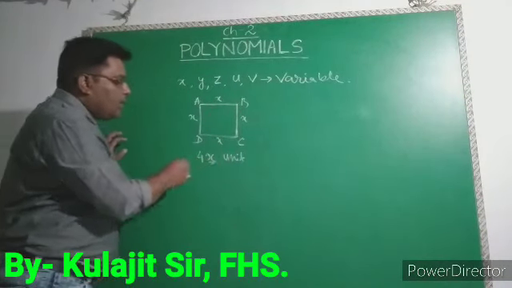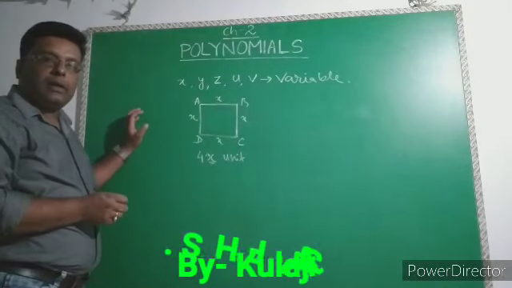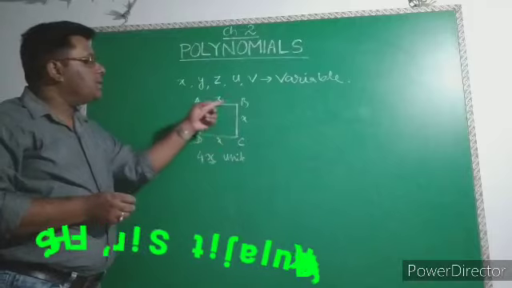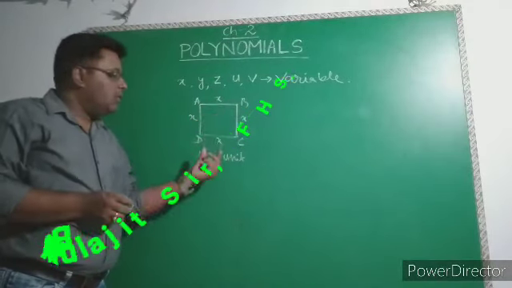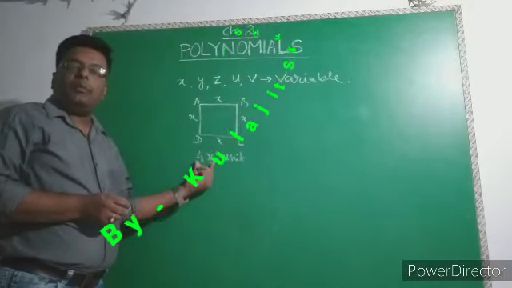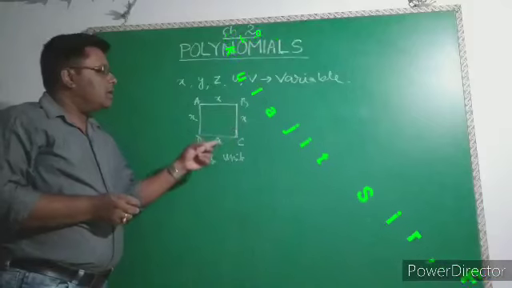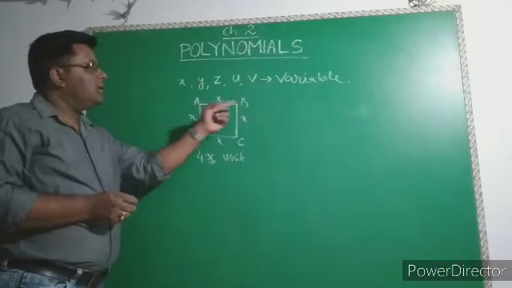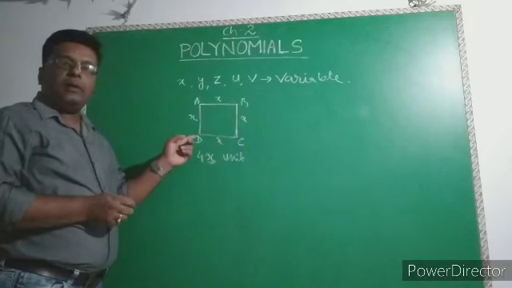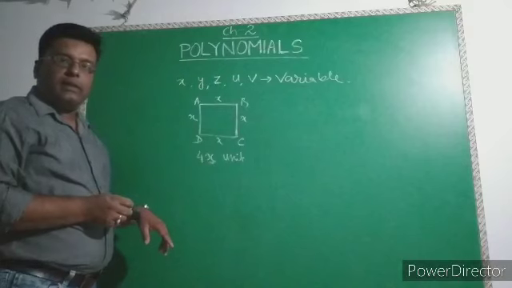So 4x units is the perimeter of this square. The value of x may be different in different squares. The square size may be 3 centimeter. If x is 3 centimeter, we get the perimeter 4 into 3, 12 units. If the sides are 4 centimeter, then the perimeter of the square will be 4 into 4, that is 16 units.